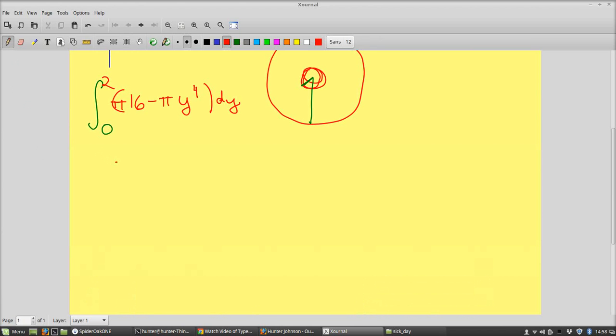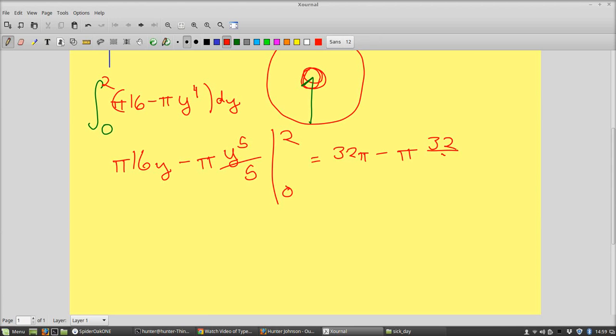So what do we get? We get pi times 16y minus pi times y to the 5th over 5, evaluated from 0 to 2. And so the answer is 32 pi minus pi times 32 over 5.